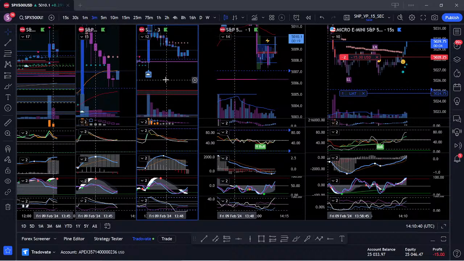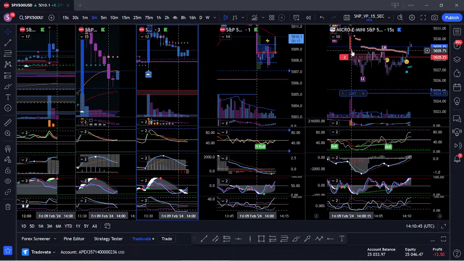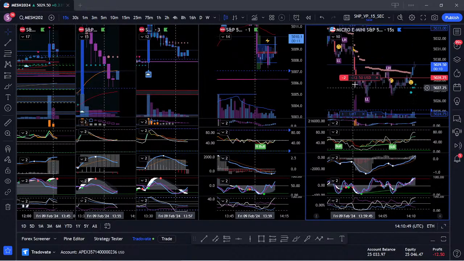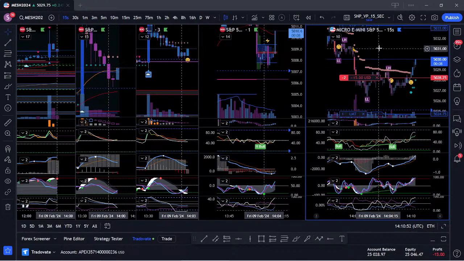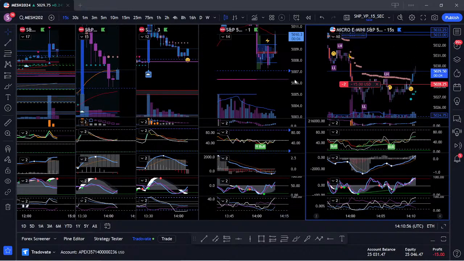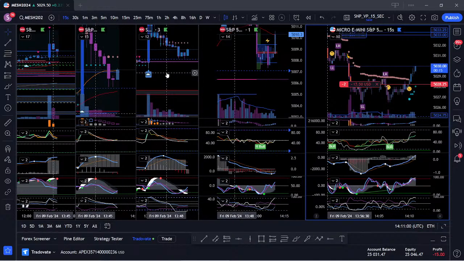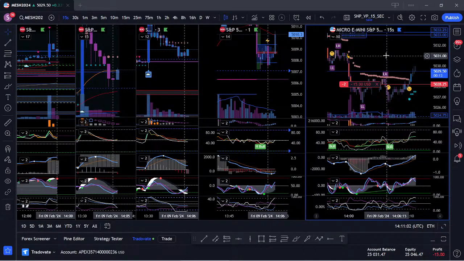Okay. Now, as you can see, they start passing the first buyers. Now, if it crosses this, that means the movement has changed. So we need to be careful.